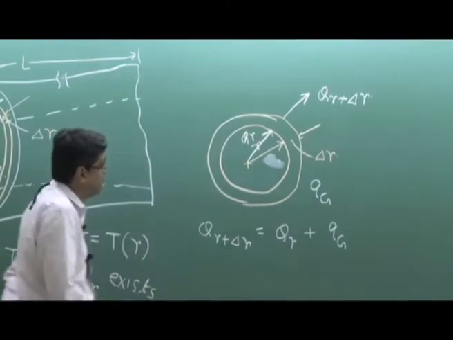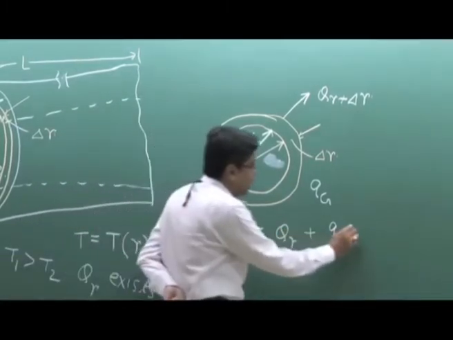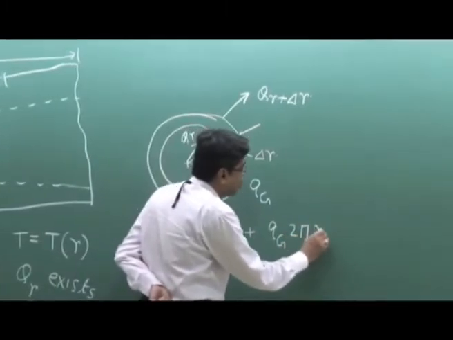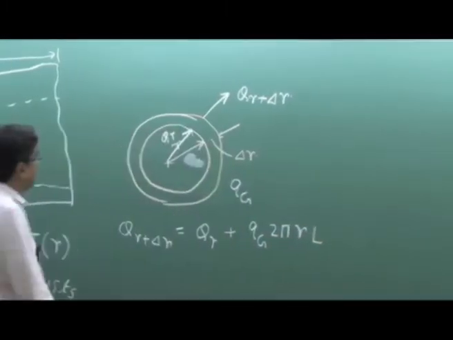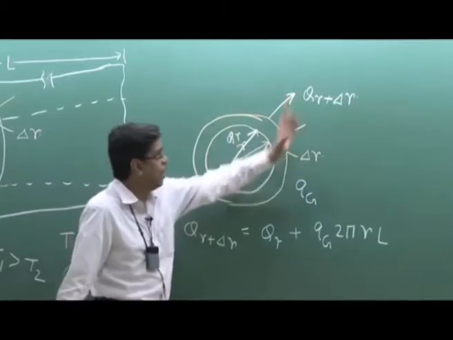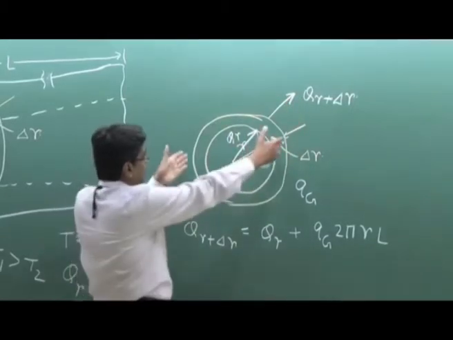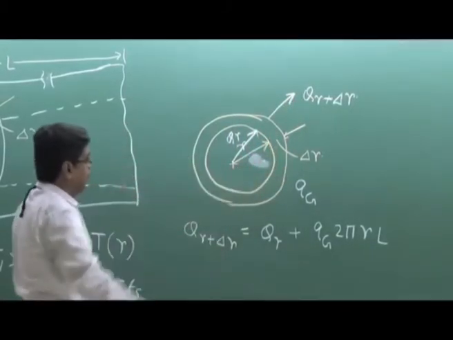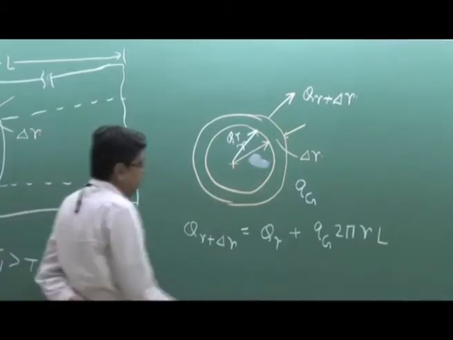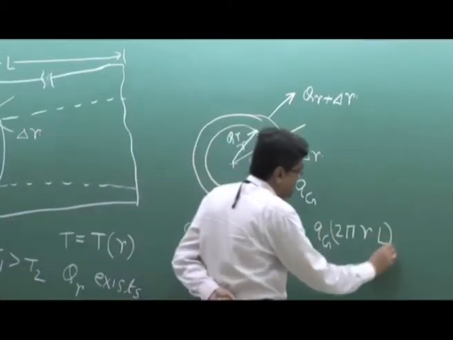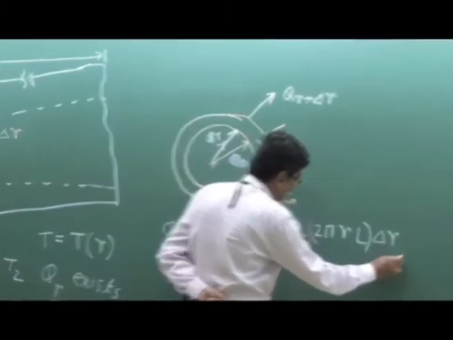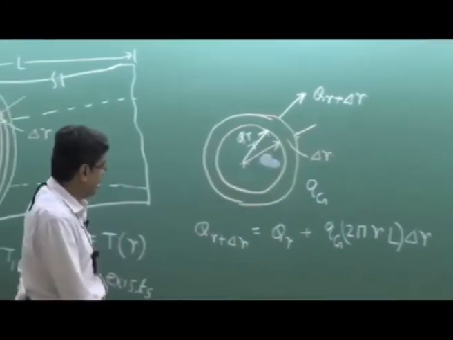The volume of the element is the cross-sectional area, twice pi r into length L, where L is the length. That means it is a cylindrical ring. Length is perpendicular to the direction of the board. This is the area times delta R. That means this is the total thermal energy generation.